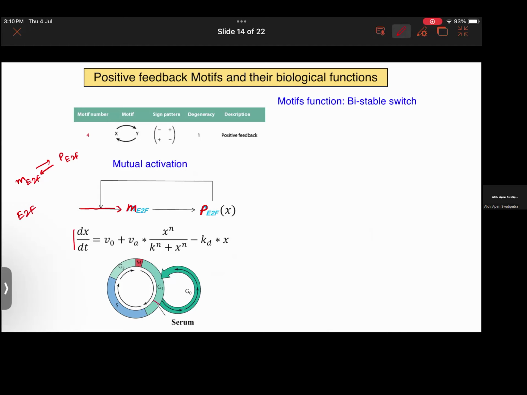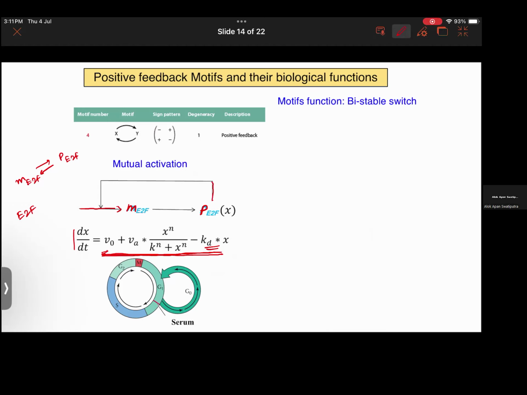without getting too much into the details, you can write some sort of equation. So you have some basal translation rate. You also have some basal degradation rate.